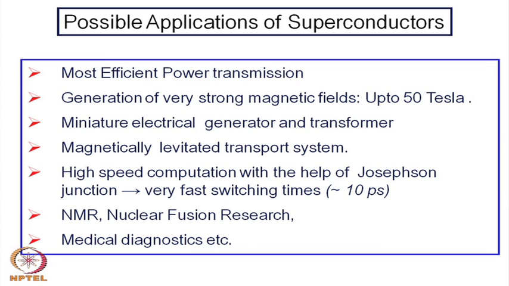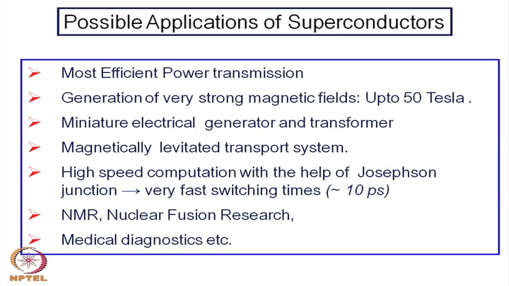There are other effects or devices based on what we call a Josephson junction. High speed computation with the help of a Josephson junction, with very fast switching times, can also be designed and applied.